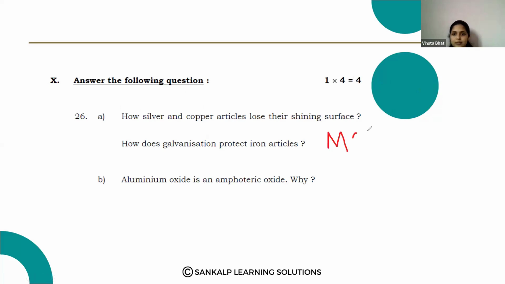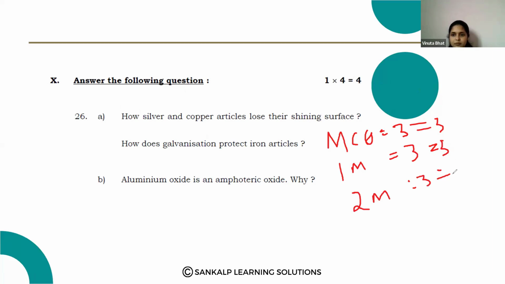MCQs in the chemistry section in this question paper, that is 3, that is equal to 3 marks, and 1-mark questions, that is also 3, that is equal to 3 marks. Then 2-mark questions, that is 3, that is 6 marks. Then 3-mark questions, that is also 3, 9.